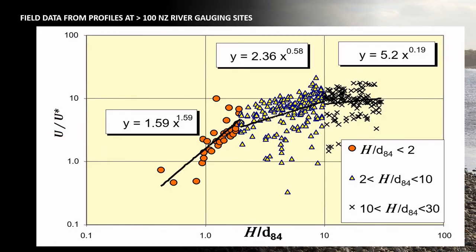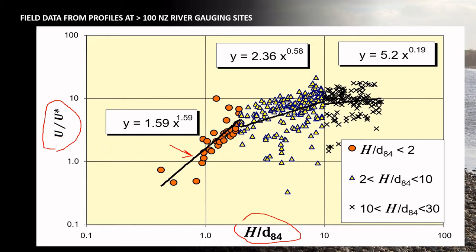So we're looking here at data from over 100 New Zealand rivers, and we're plotting the mean velocity scaled by shear velocity against the relative depth. That's the depth in relation to a grain size of the bed. And these are the parameters that are used in the equations that we saw earlier. Now we've fitted trend lines to this data, for different relative depth ranges, and we've fitted them as a power law.